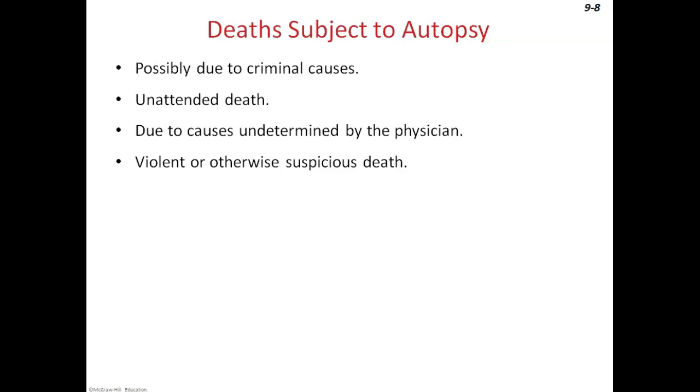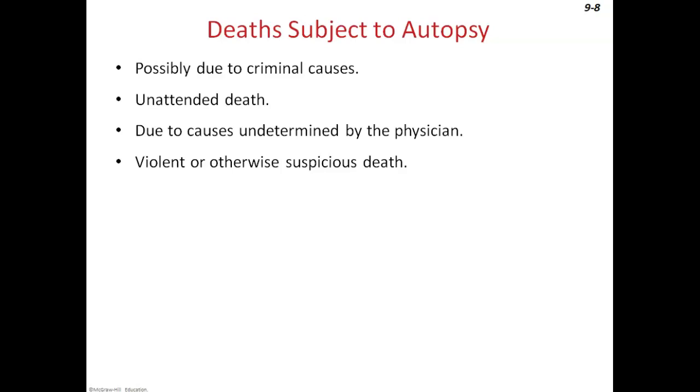If any of these situations exist, either a medical examiner or coroner must sign the death certificate instead of a physician. If the death occurs under suspicious circumstances, permission from family or next of kin is not needed for the autopsy to be performed. However, if it is a normal death with no suspicious circumstances, consent from the next of kin or a legally responsible party must be obtained before an autopsy will be performed.